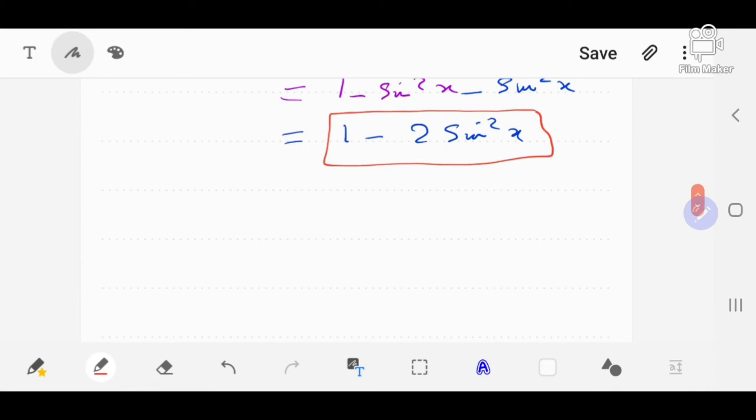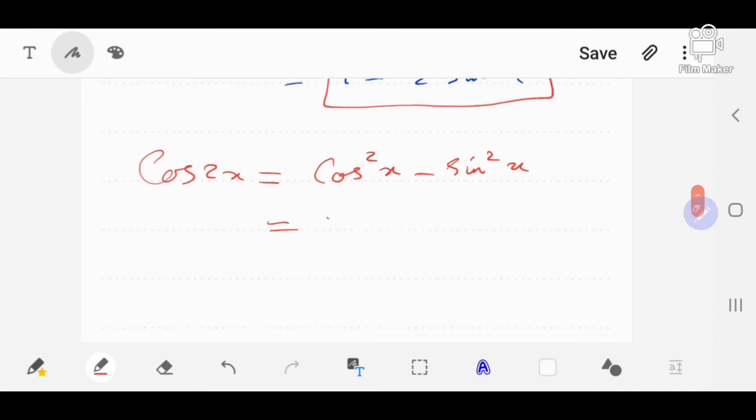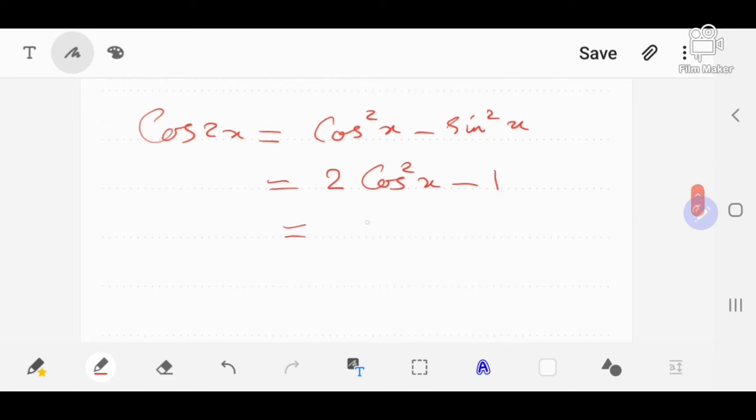So cosine double the angle can be written in three different ways: either cosine squared x minus sine squared x, or 2 cosine squared x minus 1, or 1 minus 2 sine squared x. So for cosine, we have three different ways to write it.